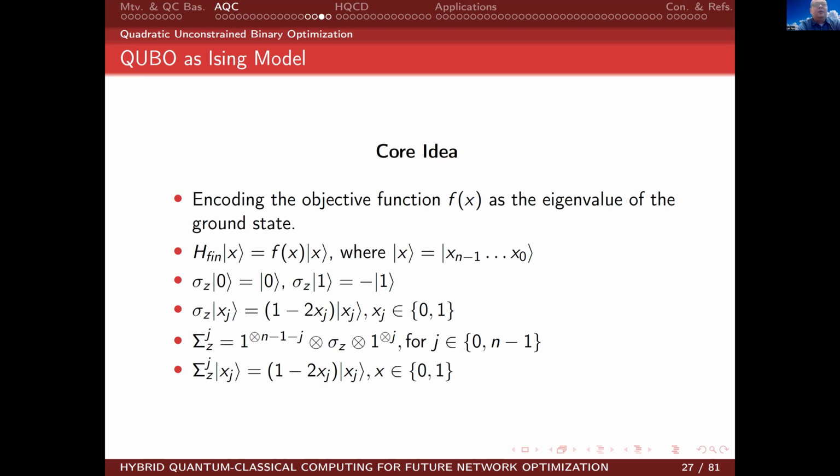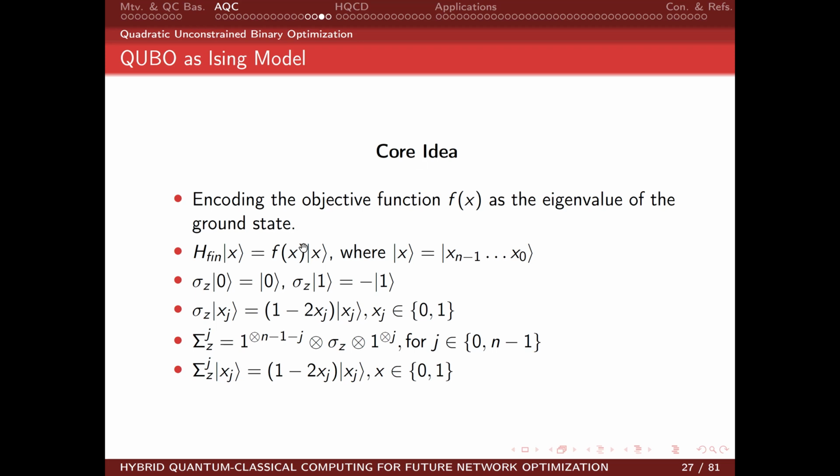Second, the objective function. So we need to first encode the objective function as the eigenvalue of the ground state at the final state, and we need to use the ground state to represent the optimal solutions.